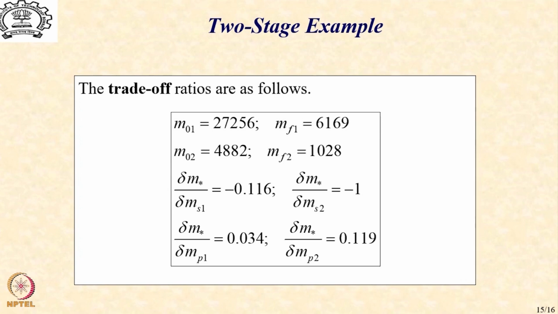Whereas if you use the cryogenic fuel in the higher stages, then even a small saving of structural mass or a small increase in the propulsion mass is going to significantly add to the payload mass and becomes an extremely useful way of creating a variant.